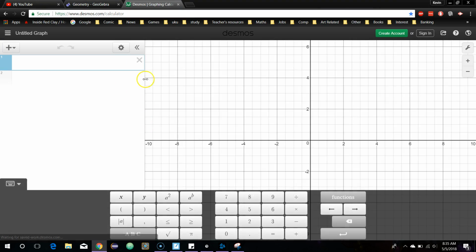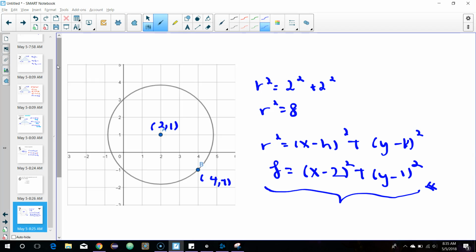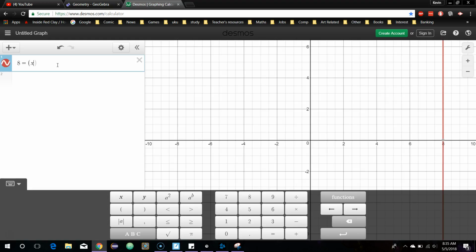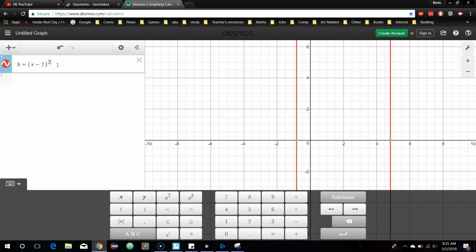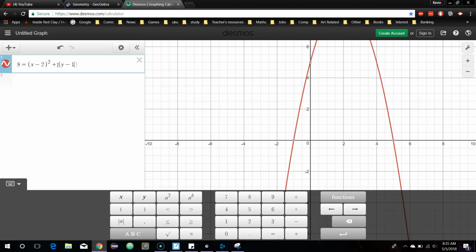I plug this in: 8 is equal to (x minus 2) to the power of 2 plus (y minus 1) to the power of 2. There you go. You get yourself a circle. So you can actually graph it on any graphing software. You can plug in your graphing calculator. So that gives you the graphic representation of it.